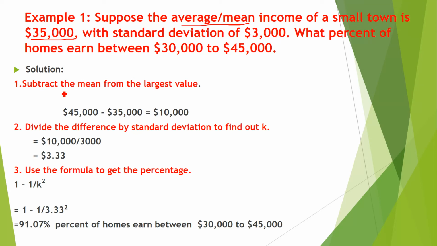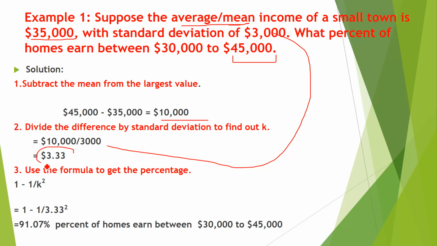So the solution: subtract the mean from the largest value. This is the largest value, 45,000, and the mean is 35,000. 45,000 minus 35,000 is 10,000. The second step is to divide 10,000 by the standard deviation 3,000, so we will get 3.33, and this is the value of k. Our formula is 1 minus 1 over k squared, so instead of k we put 3.33.